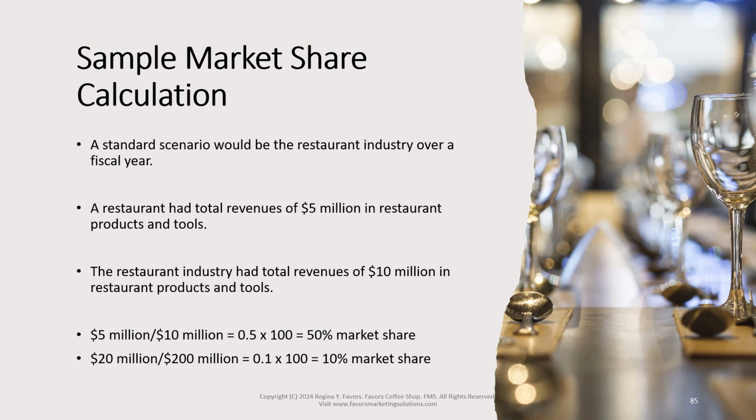Then in terms of larger numbers, 20 million over 200 million is 0.1 times 100, and they had 10% market share. It gets a little tricky what that all means. I'm not the math genius here, so it is something that I have to look at much more in depth.